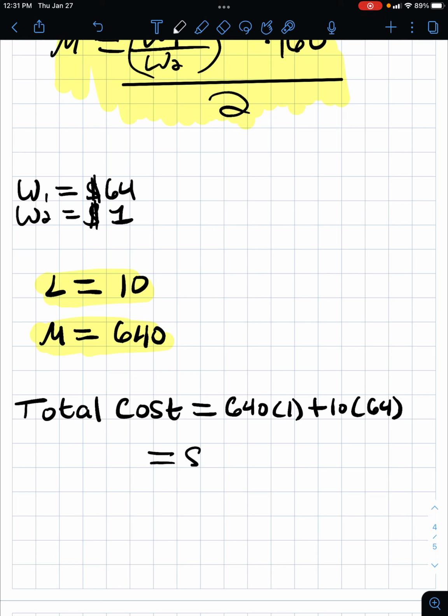So this gives us an answer of $1,280. So as a cost minimizer of this production function, you would like 10 units of labor, 640 machines, and it would cost you $1,280.